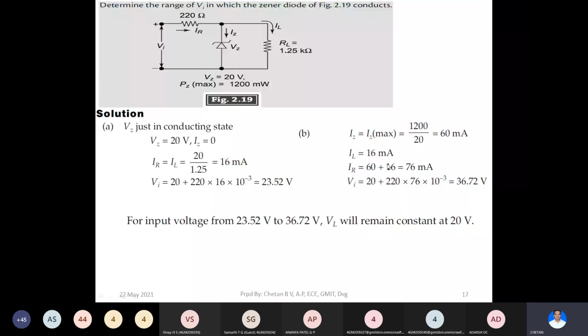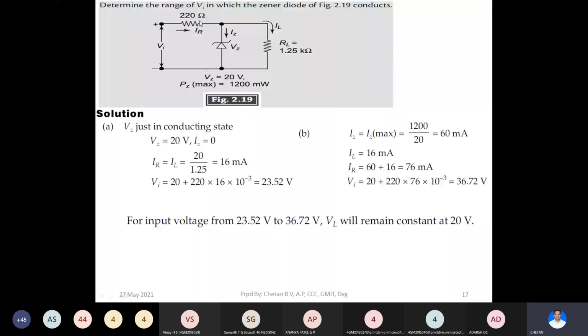Then afterwards, to find out IR, you have to simply add IZ and IL. So you will get IR as 76 milliampere. After finding this, to find out the maximum value of this Vi, you have to add the potential difference across this with the voltage across this diode or voltage across this RL.